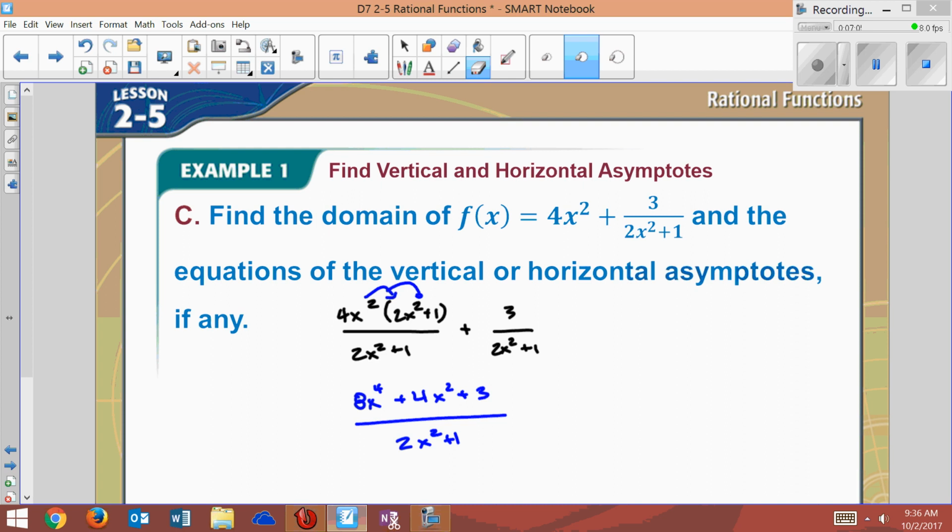And because the denominator is the same as last problem, we can state outright that there's no vertical asymptote. As for horizontal, this would be bigger on top. So there's also no horizontal asymptote.